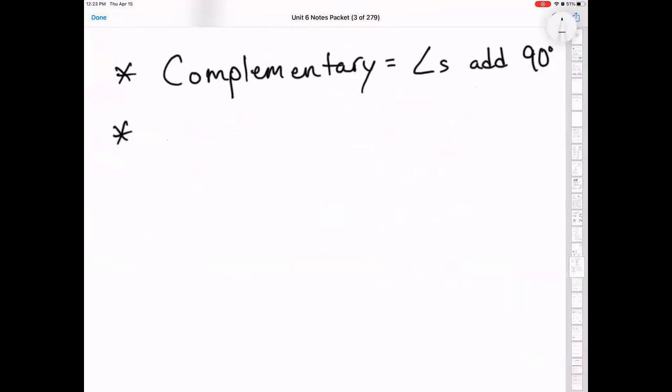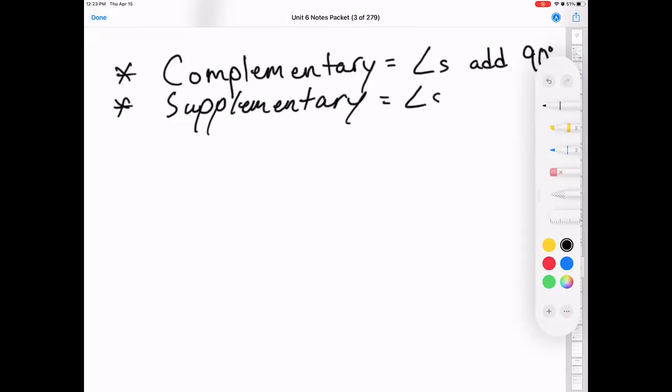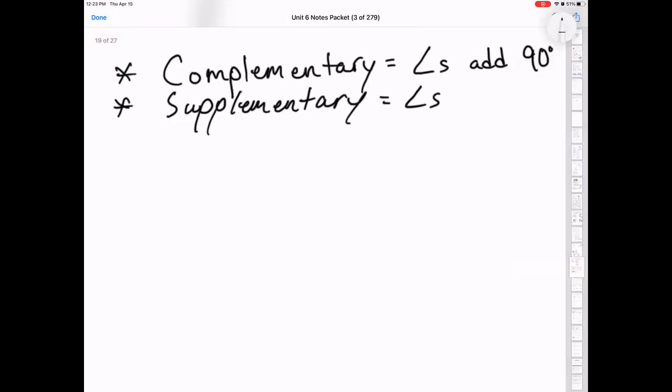The next big one that we've seen is supplementary. Very, very similar. This is where angles add to 180 degrees.